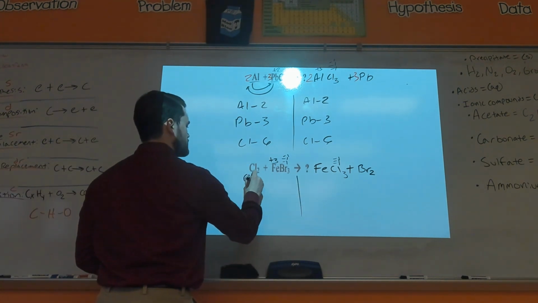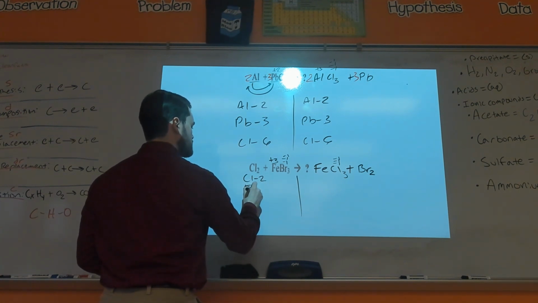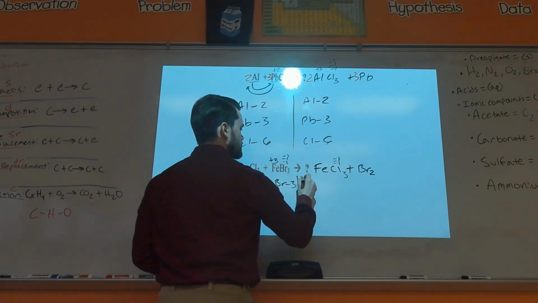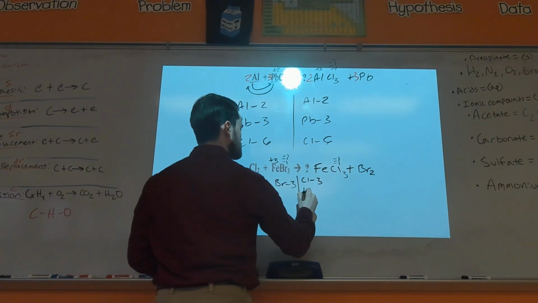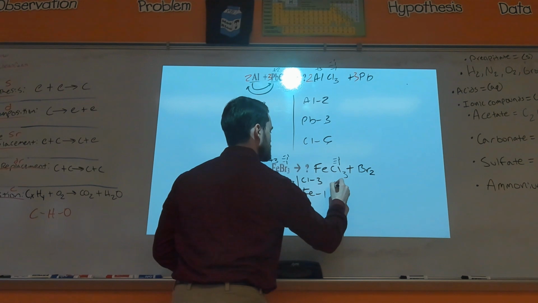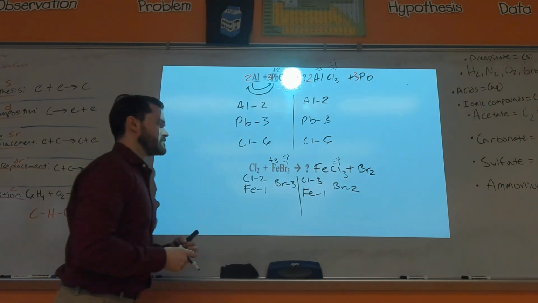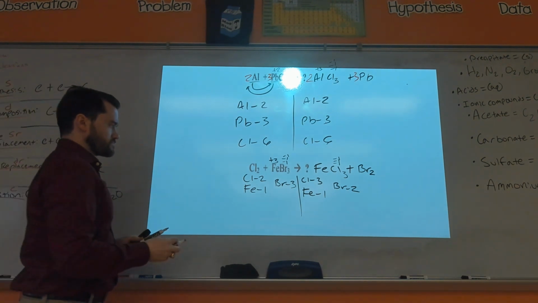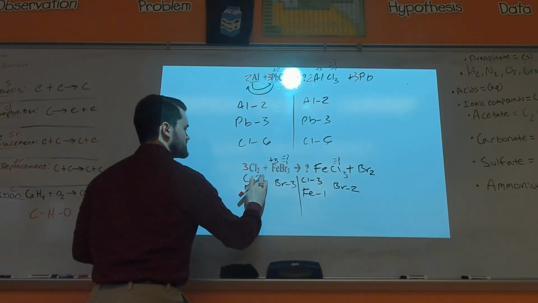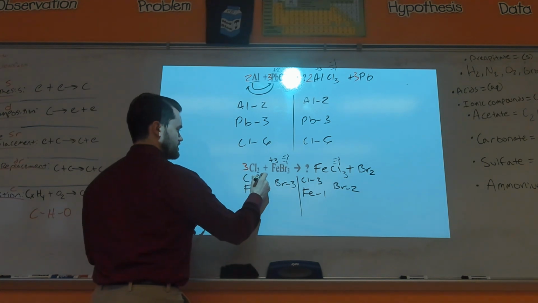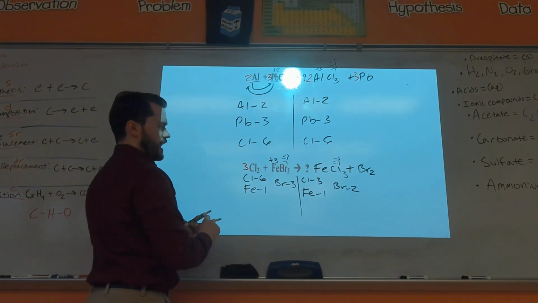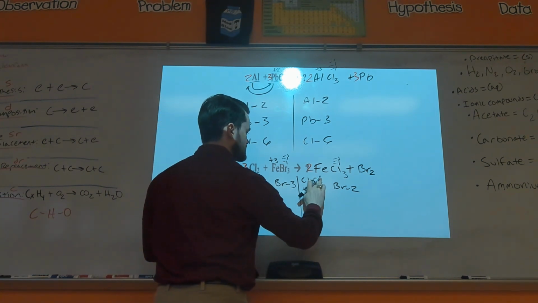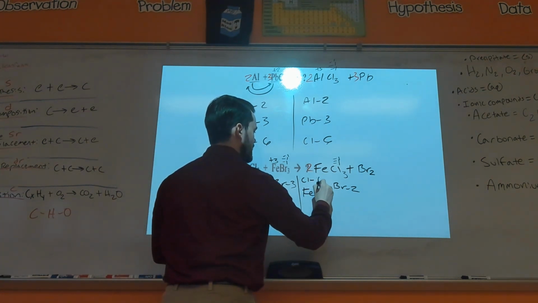you would have 2 chlorines, 1 iron, 3 bromines. Products, we got 3 chlorines, 1 iron, and 2 bromines. So let's say we fix our chlorines. Let's try to get them to 6. Okay? And then if I were to come over here, if I double FeCl3, that would get our chlorines all figured out.